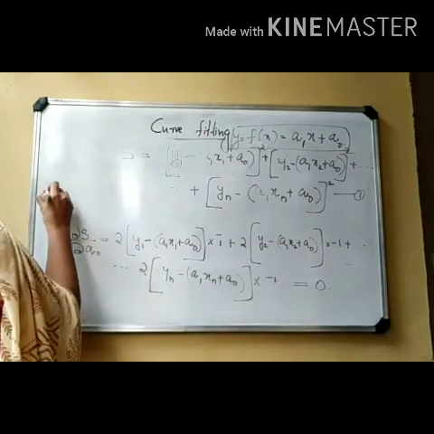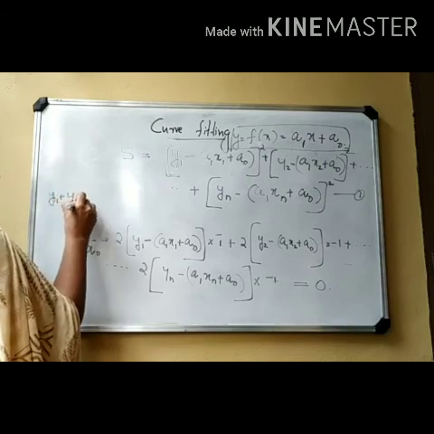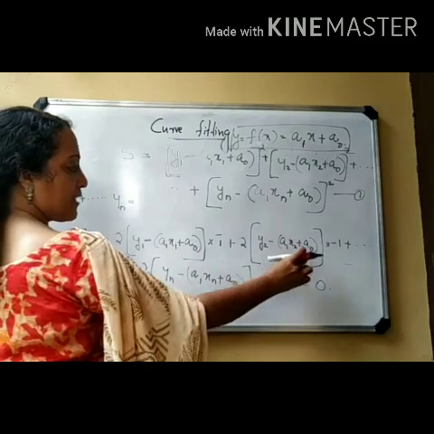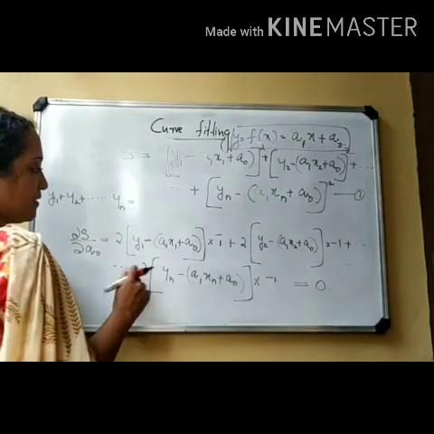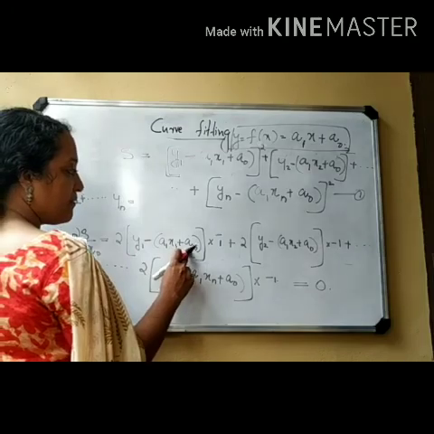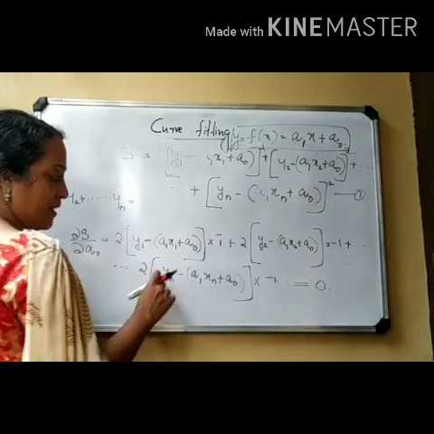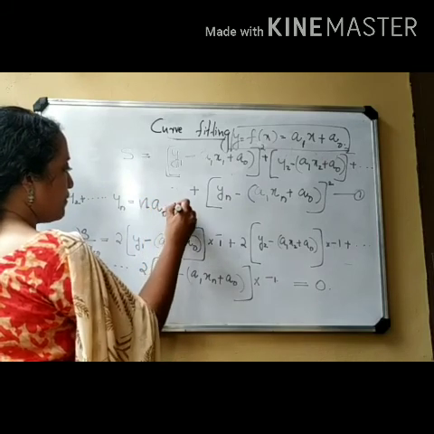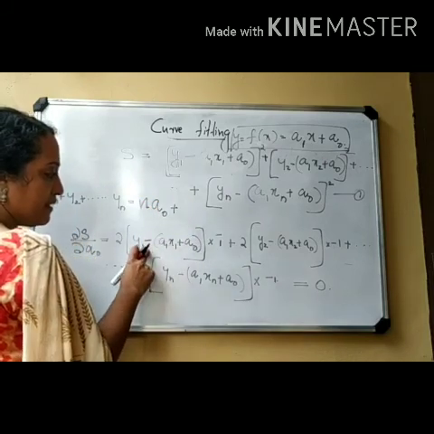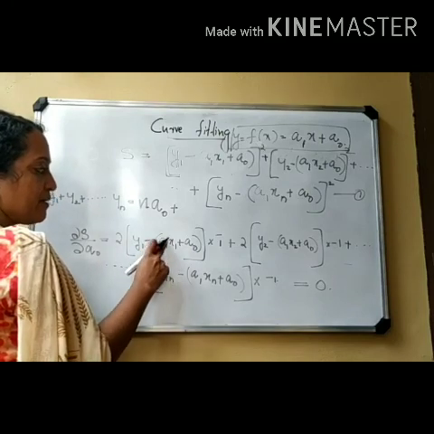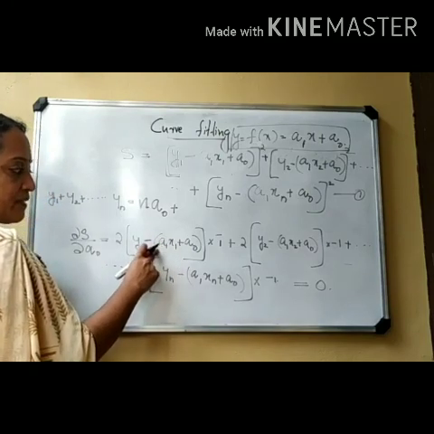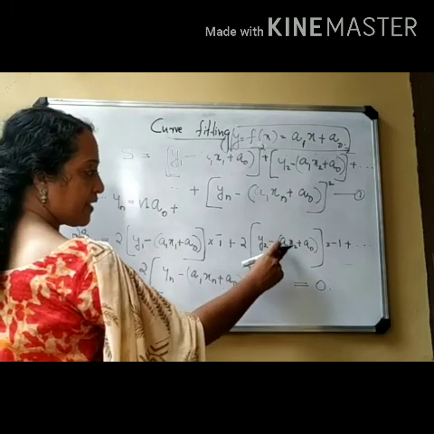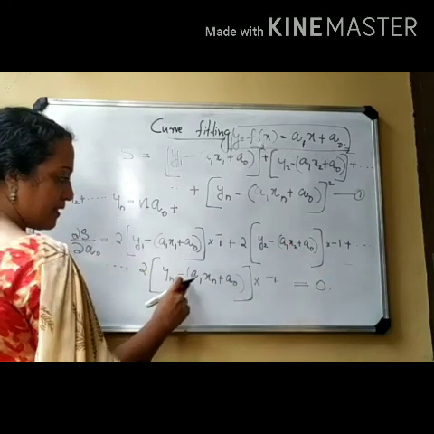So I am writing this as y1 plus y2 plus etc. up to yn is equal to, these negative terms can be taken to the right side, so that in all the n terms there will be a0s. So we can write it as n times a0 plus, then there is the term a1 x1, here a1 x2, then a1 xn.